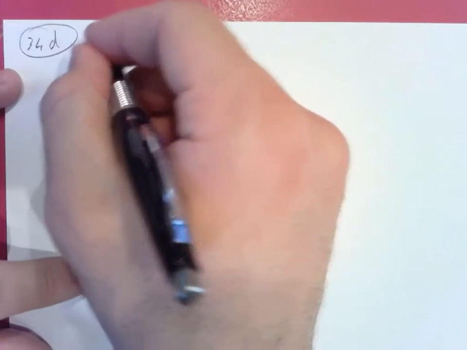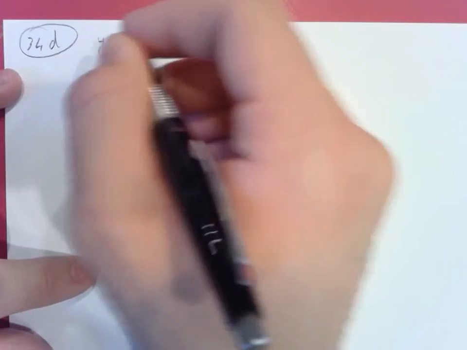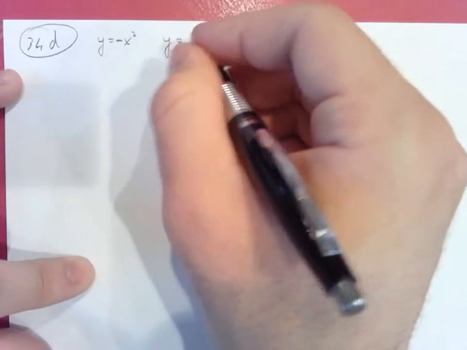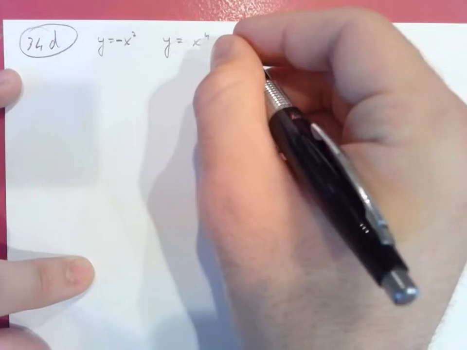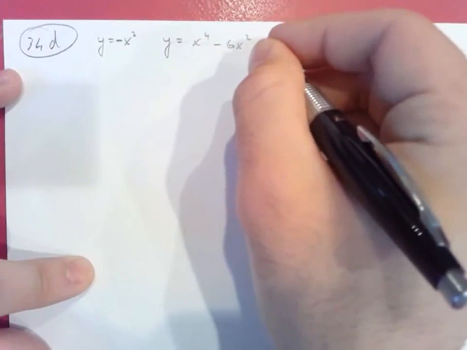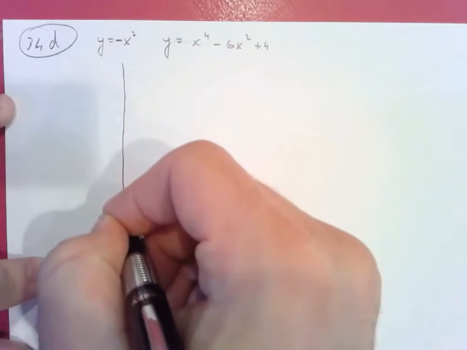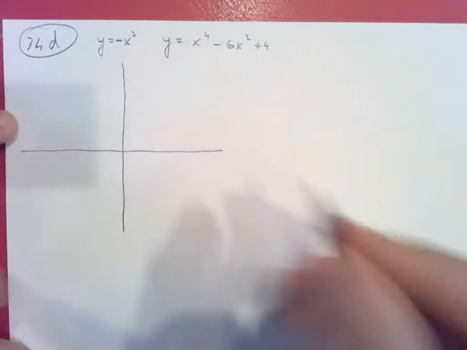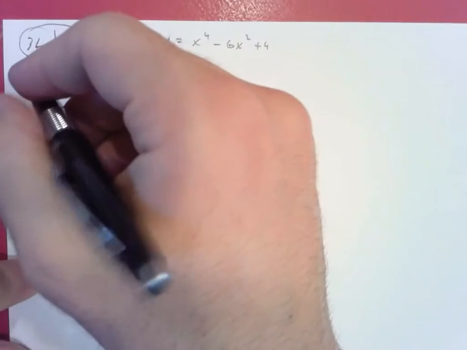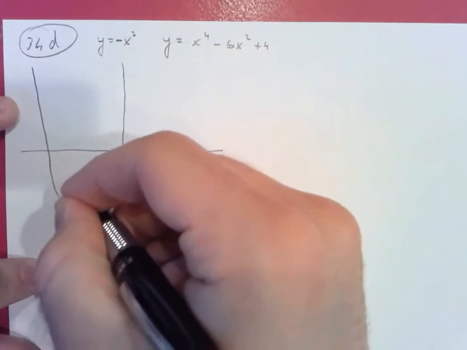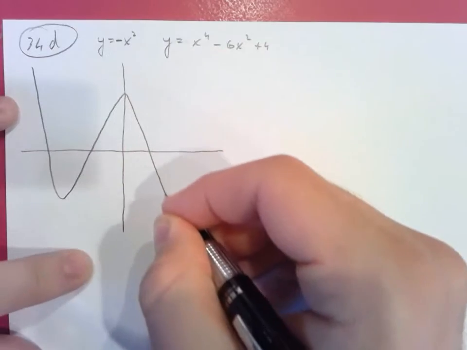What I'm looking at here is the region bounded by the curve y equals negative x squared and y equals x to the fourth minus 6x squared plus 4. So let's give a quick sketch of this region, see what it looks like. Here's the fourth degree polynomial, roughly.